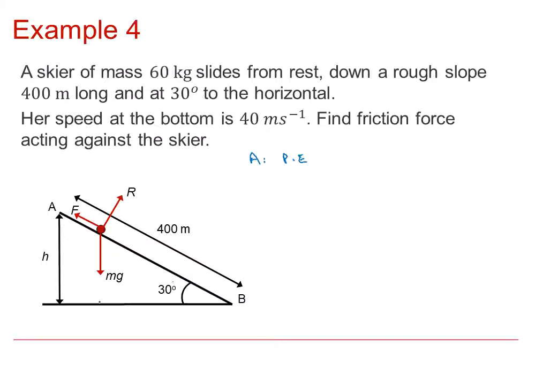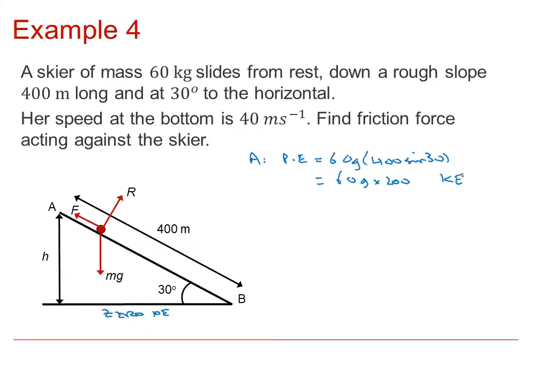I'm going to take zero potential energy again at the bottom of my diagram. So the potential energy at A is mg times the height, and using trigonometry the height is 400 sine 30. That gives me a potential energy of 60g times 200.